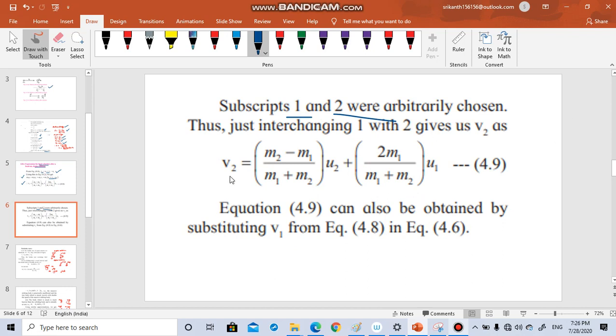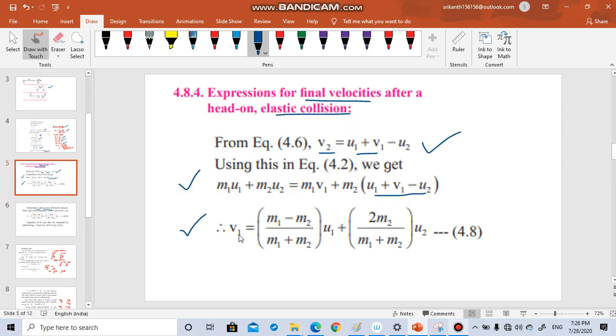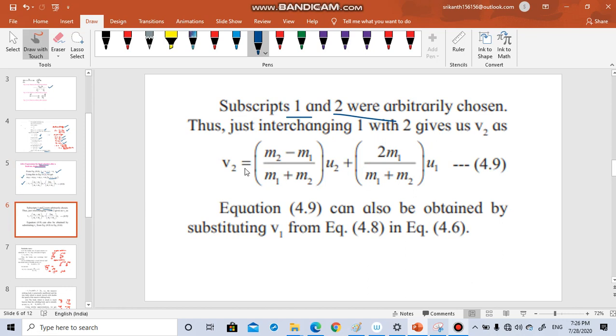Suppose you want to find V2. When you wanted to find V1, you took the difference of masses. So when you want to find V2, you take the difference of masses divided by m1 plus m2, and you write u2. What is the leftover? U1 is the leftover.